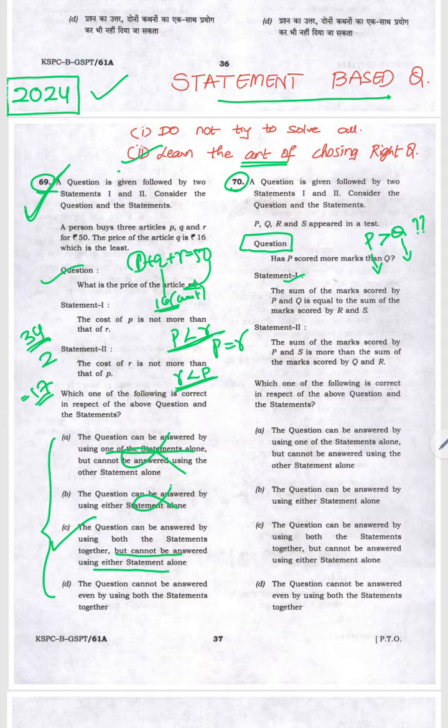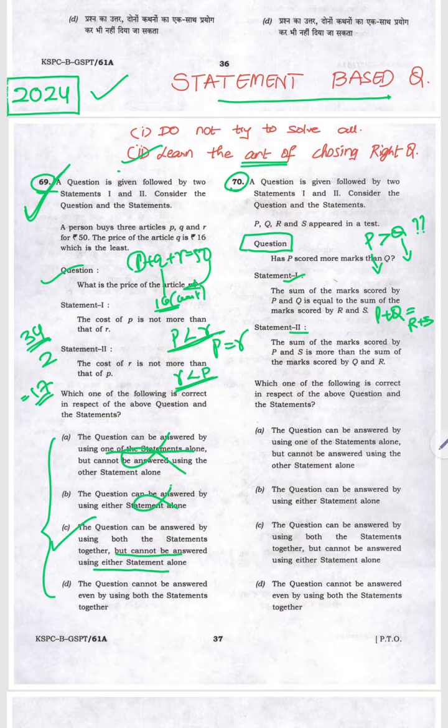Now, what are the statements given? The sum of the marks scored by P and Q is equal to the sum of the marks scored by R and S. P plus Q is equal to R plus S. We cannot tell whether P is greater or Q is greater, and we cannot know how much P got and how much Q got.